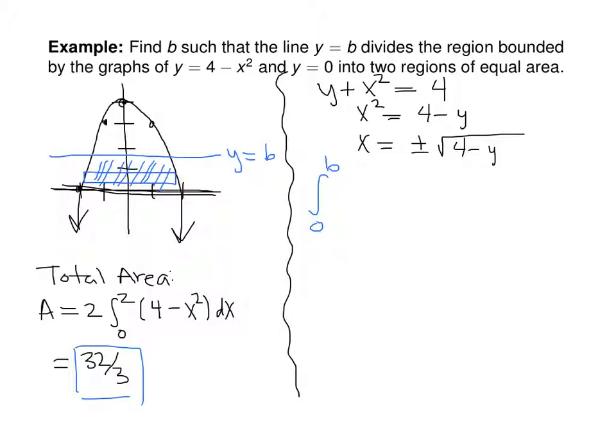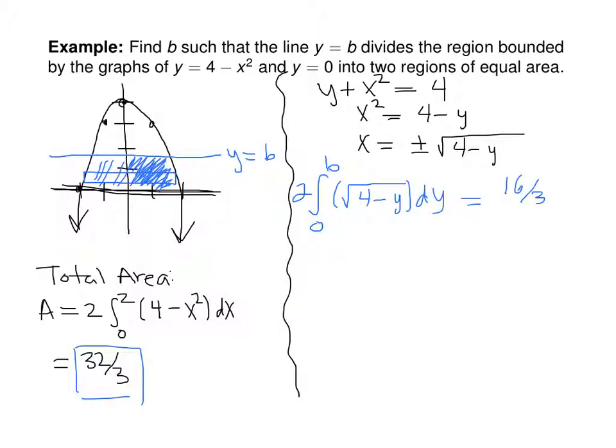And if I have the integral of root 4 minus y dy, that's going to tell me the area under that curve between the y-axis, so just that area. So to get the whole thing, I need to do times 2. And I need that expression to equal half of 32 thirds, or 16 thirds. And that's what we're going to try to solve. If you got that much, you're pretty much good to go.